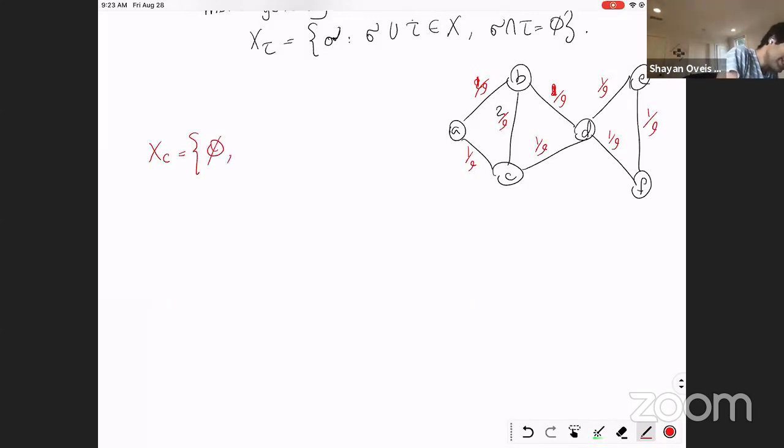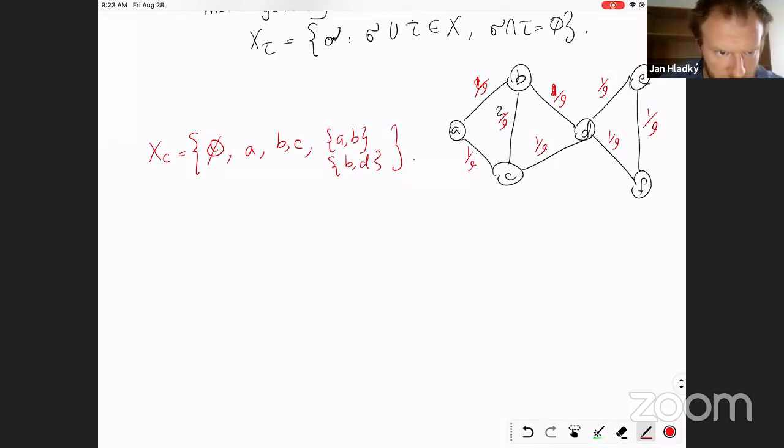It has vertices A, B, and D. Sorry, ABD, thanks. It has vertices ABD and edges AB and BD.